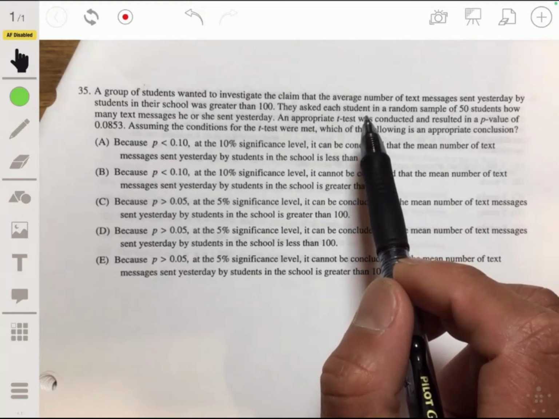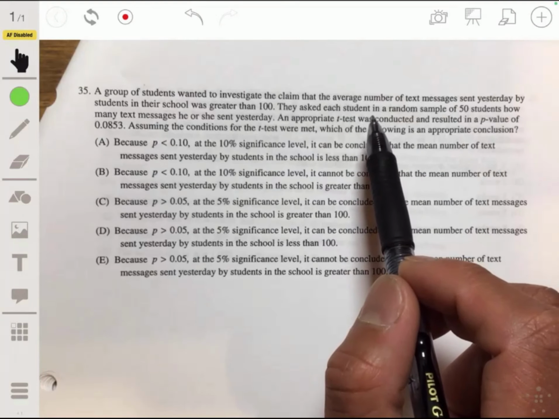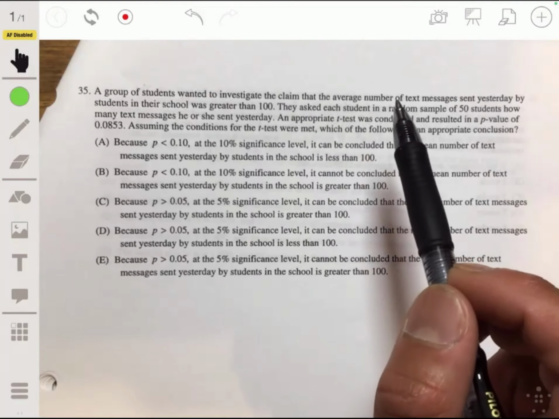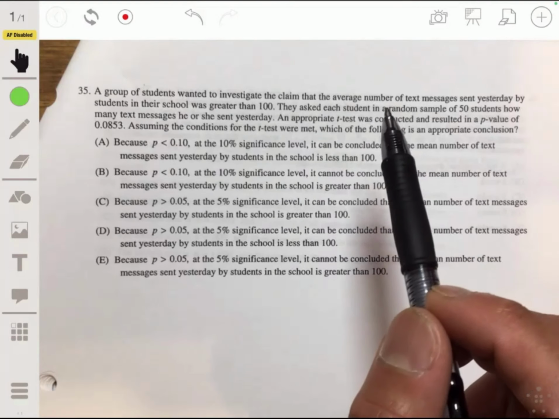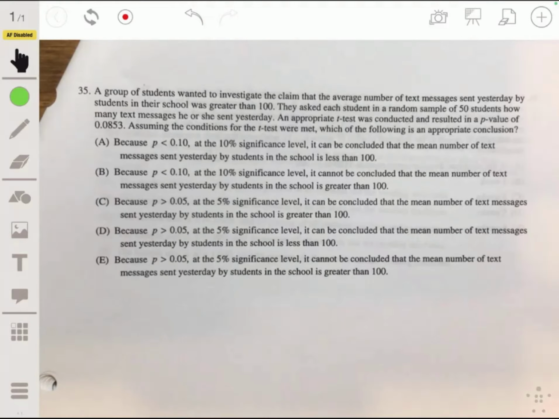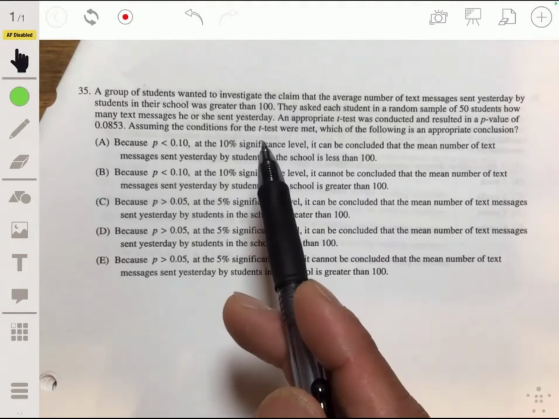Okay, so reviewing how significance value works. When you run a significance test, you have an alpha level, usually set at 0.05, sometimes 0.01, and sometimes even 10%.